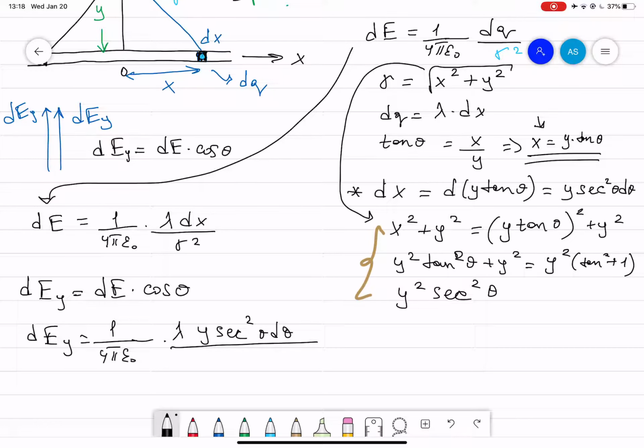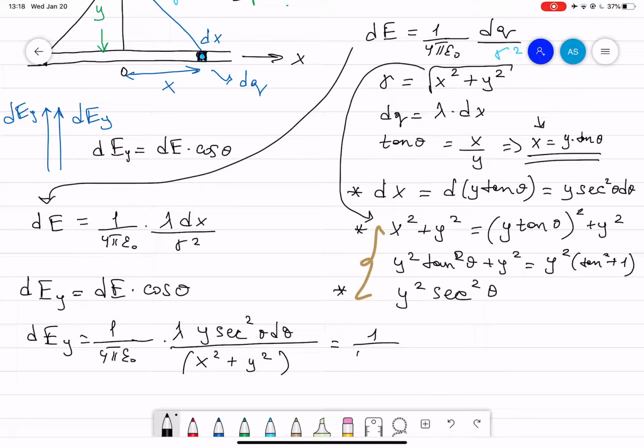Then r squared was equal to x squared plus y squared, which is this guy, okay? Then we know that x squared plus y squared was equal to y squared sec squared theta, right?